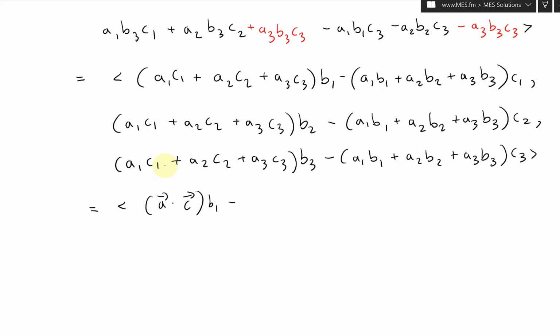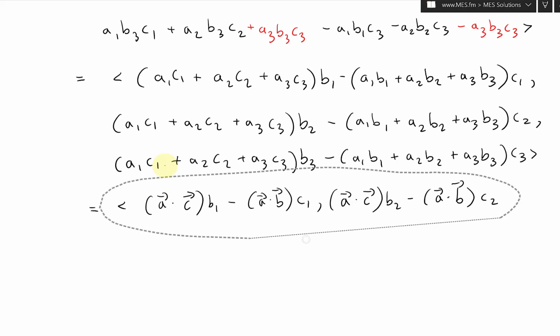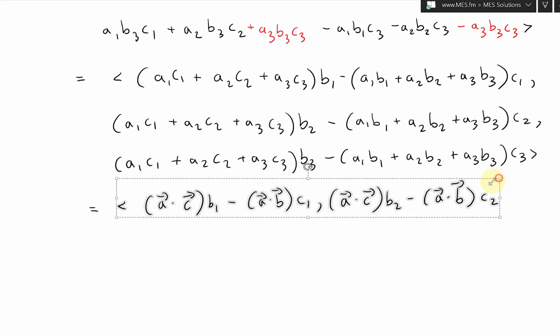The next one's going to be minus A dot B, and this is going to be C1. And the next one's going to be A dot C. Again, these are all the same. A dot C, then B2 minus A dot B, C2. And let's make this smaller.